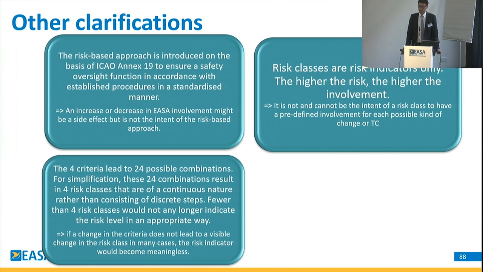The 4 criteria lead to 24 possible combinations. And for the simplification, these 24 combinations result in 4 risk classes that are of a continuous nature and not discrete steps.